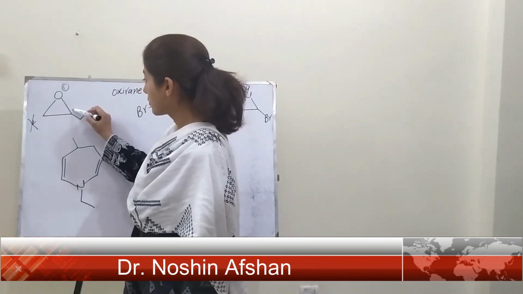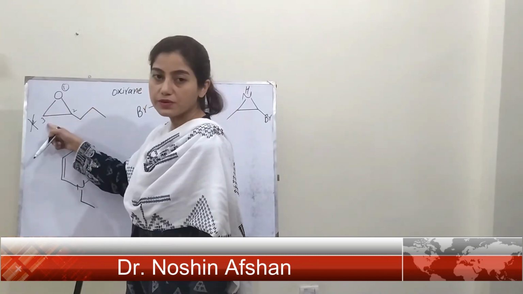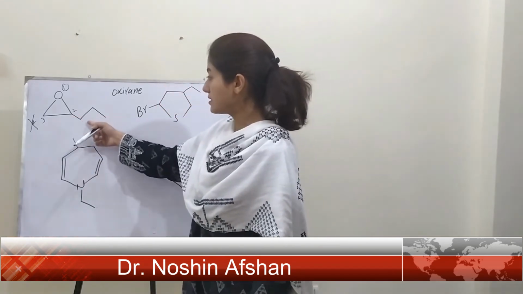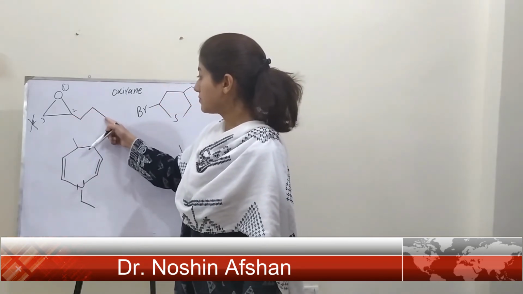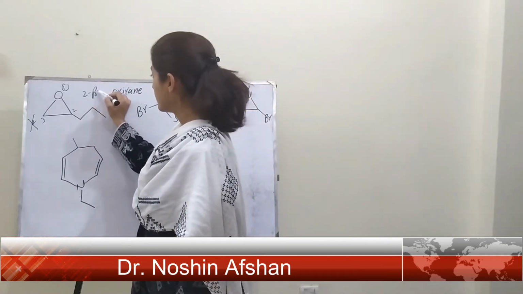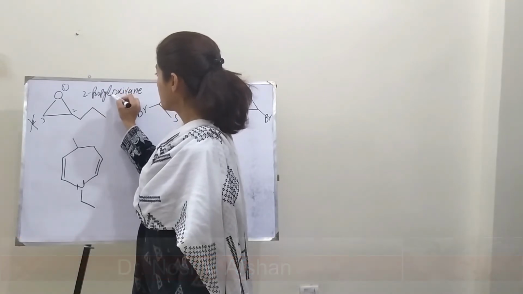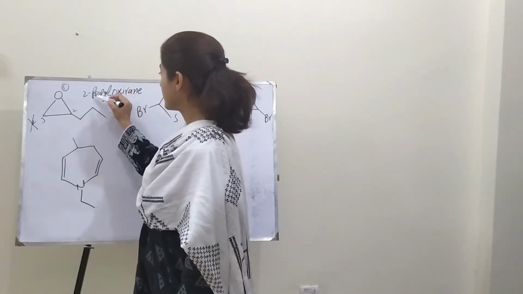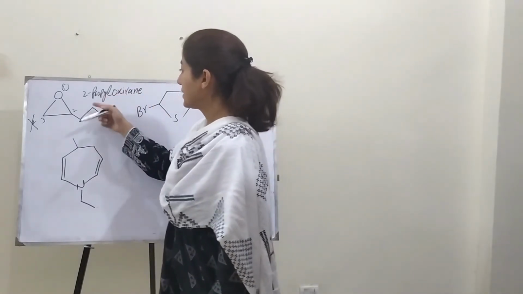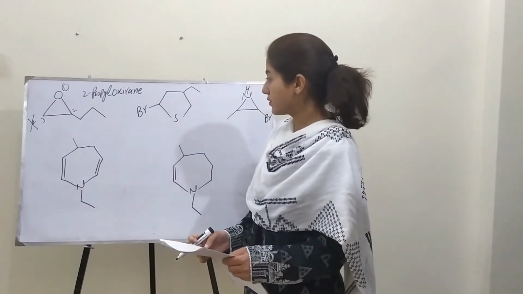We start from this direction, that is 2, and here this carbon is 3. At 2 position there is a substituent, that is 3 carbon atoms, so it is 2-propyl oxyrane. So this is the complete name of this heterocycle, 2-propyl oxyrane.